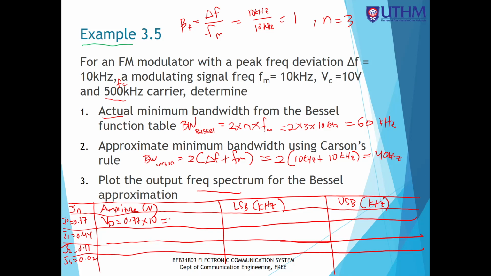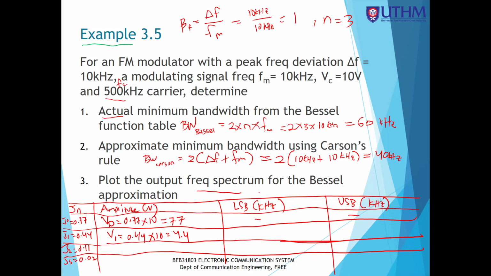So you're going to get here 7.7. There's no upper or lower because this is the center frequency at FC, which is 500K. And for V1 is equal to 0.44 multiplied with 10, so you're going to get 4.4 volt.